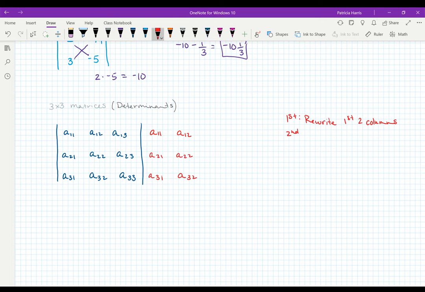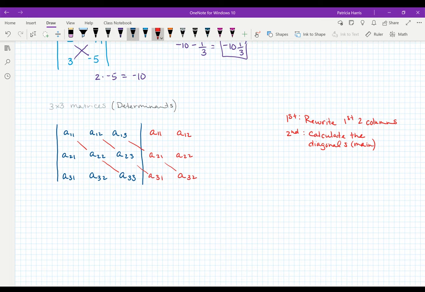So second, we're going to calculate the diagonals. And we're going to do the main first. Okay, so what you're going to do is multiply all of these diagonals. See how you catch everyone now? Because you rewrote the first two columns.